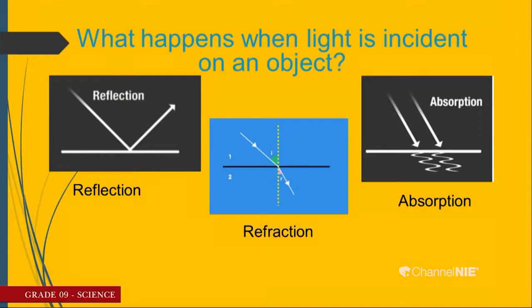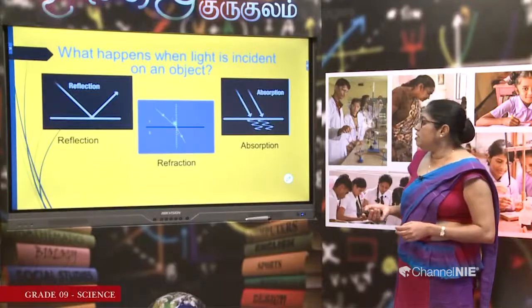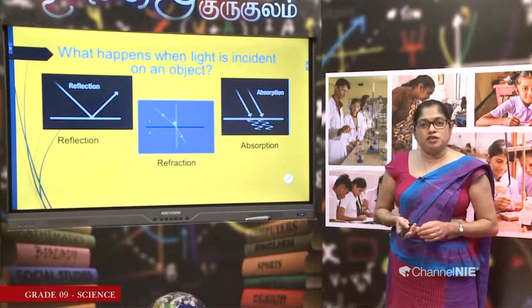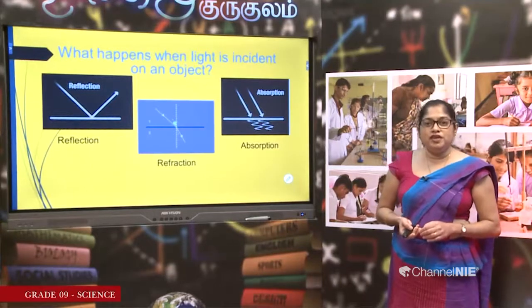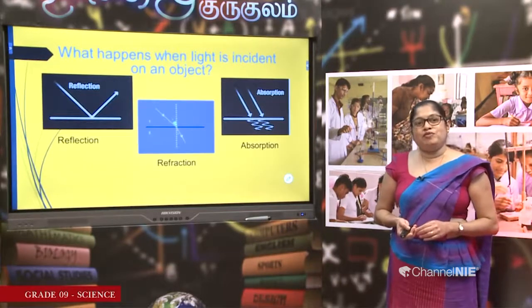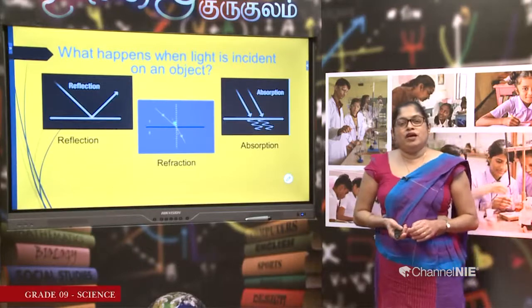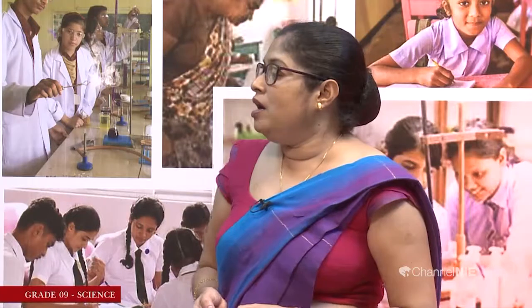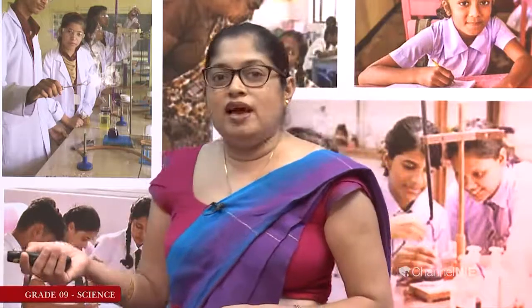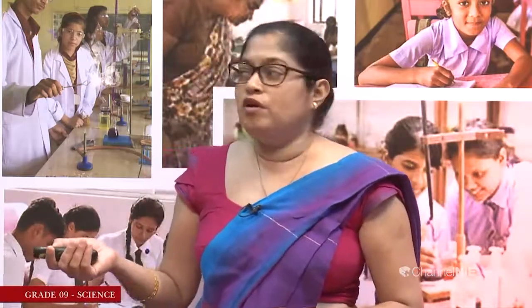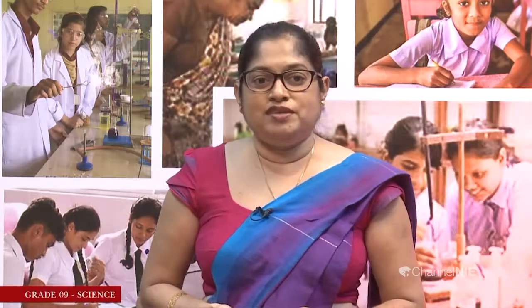The amount of light that is absorbed, reflected or transmitted depends on the material from which the object is made. If the object is opaque, most of the light will be absorbed or reflected by the object.